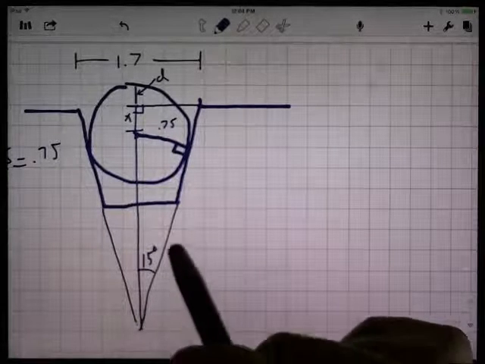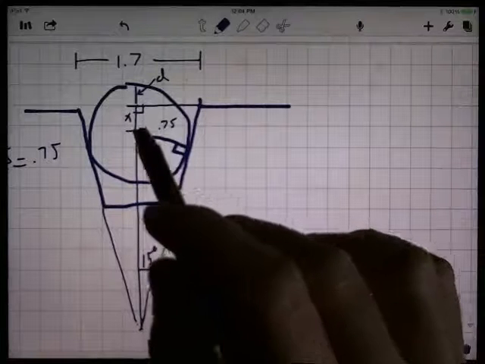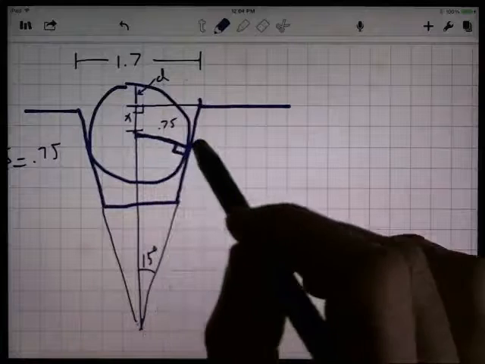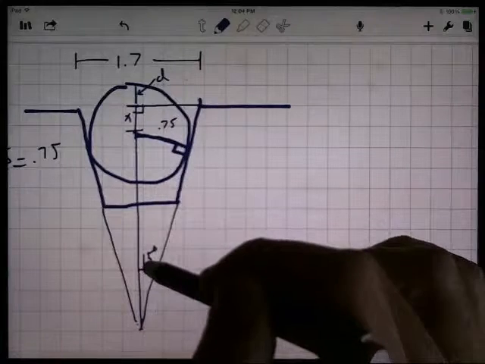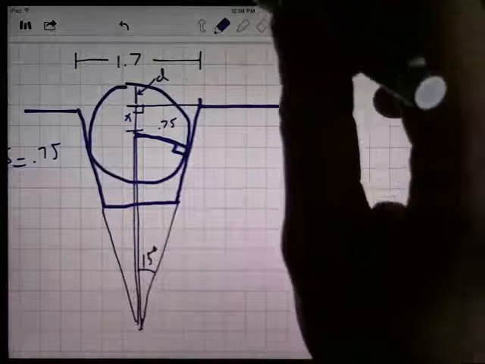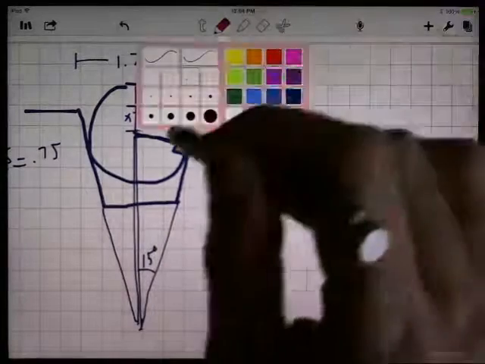And I have two right triangles that have those in them. For instance, this 0.75 is this length here. I've got a 15-degree angle, and I'm looking for that length right there. In fact, let's color code this. Let's do this in red.